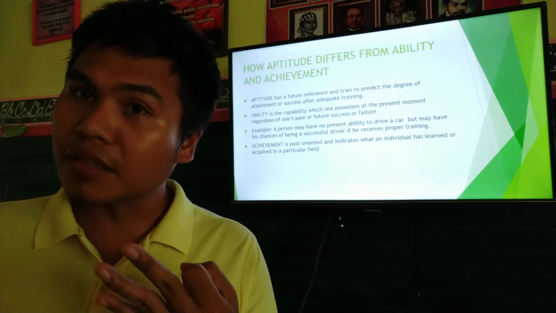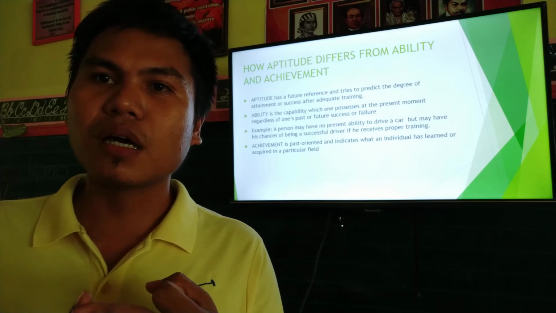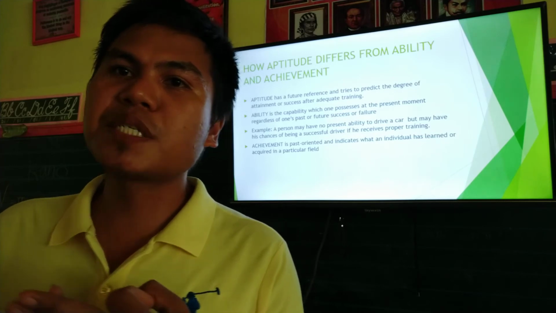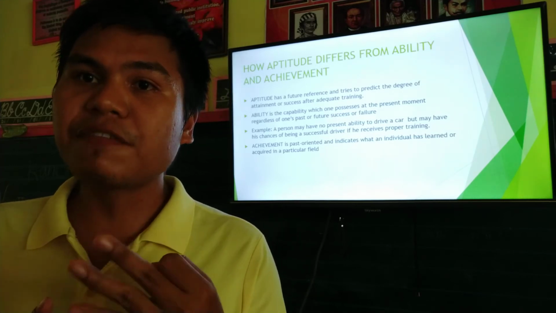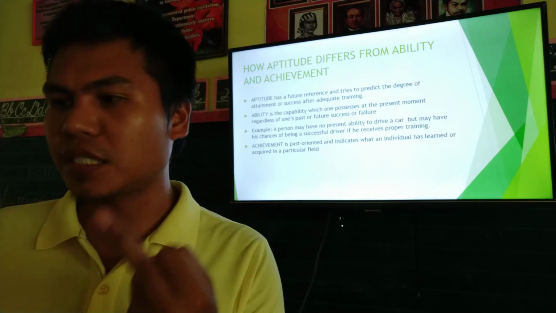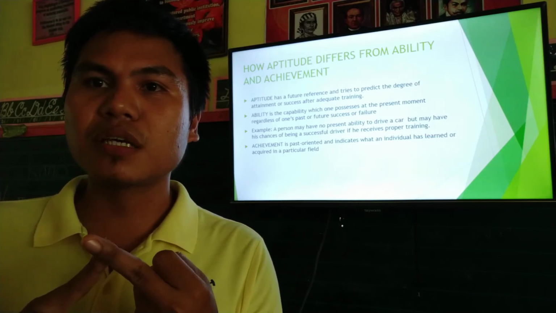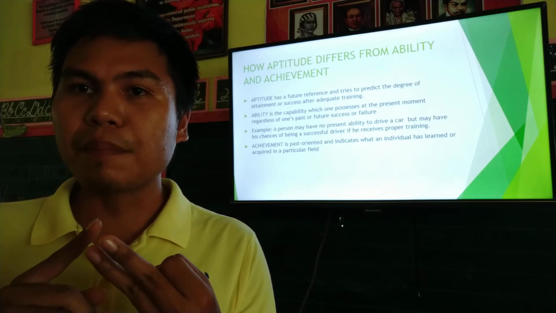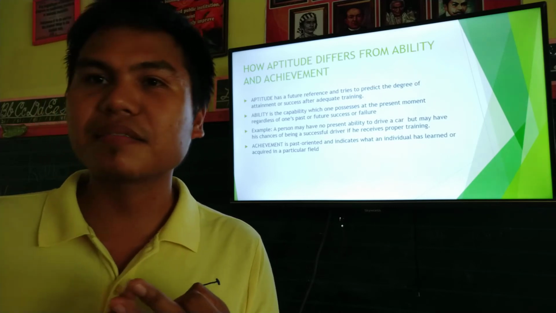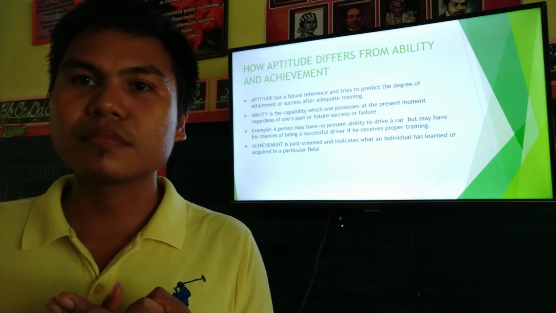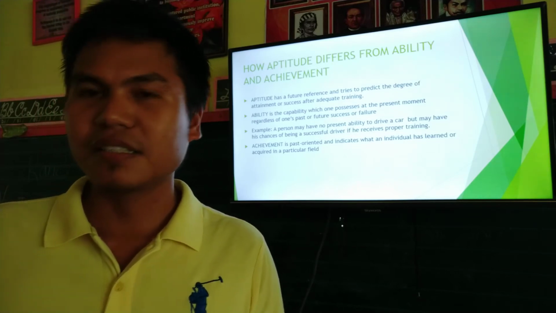So, the three terms, the aptitude, the ability, and the achievement give us the three references. The first is aptitude is future-based. Ability, present, and achievement is on the past. Okay? Next.